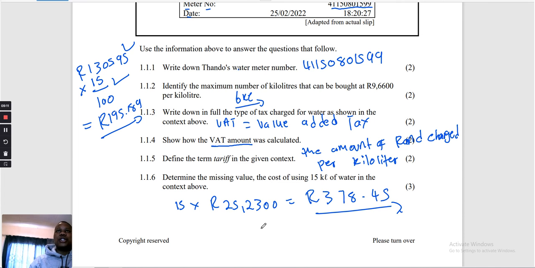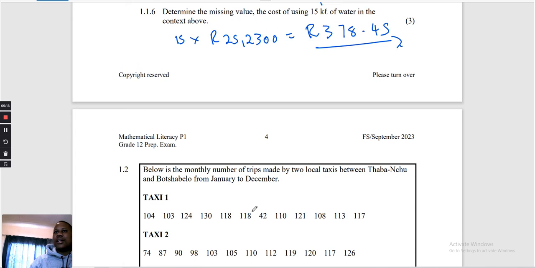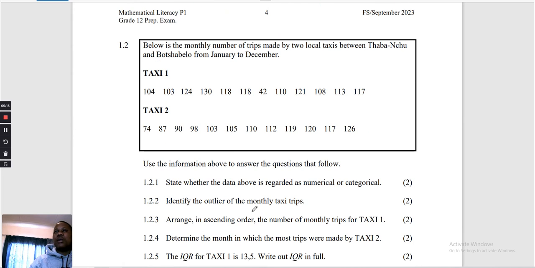Now let's go to the second question, 1.2. Below is the monthly number of trips made by 2 local taxis between Thaba Nchu and Botshabelo from January to December. So we have 2 taxis.